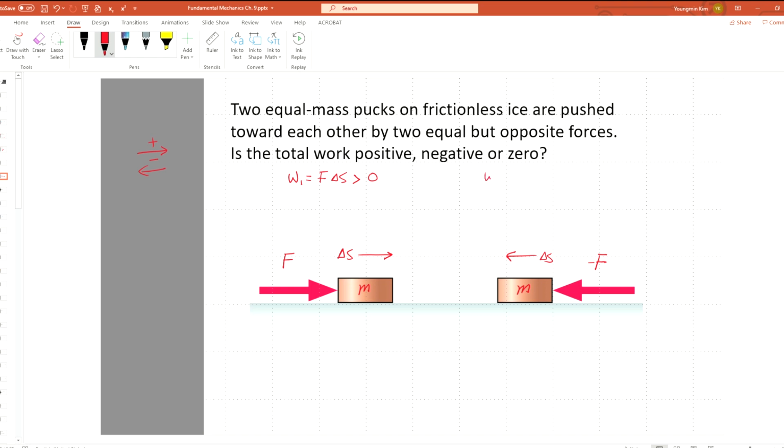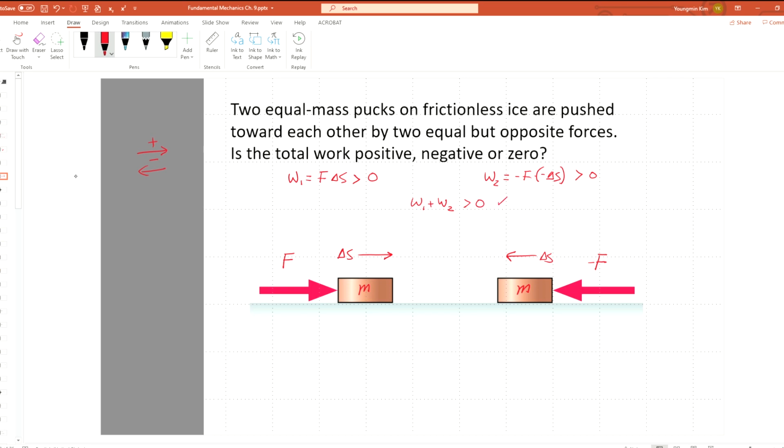Work 2 is done by the negative force 2. But this is actually the same force magnitude here, so we can just get rid of the subscript. I've just put a minus sign there. The force is going to cause this puck to move in the opposite direction, which is minus delta S. And now we can also get rid of the subscript to compare. Minus minus cancels out. This is also positive. So you are adding two positive numbers. That would be positive work, total work done.